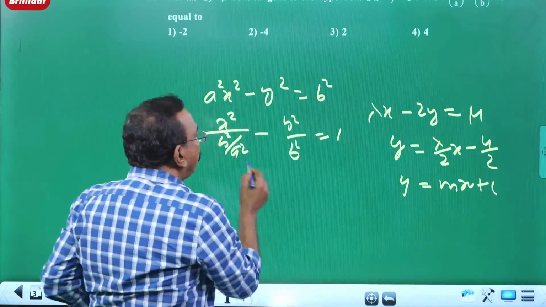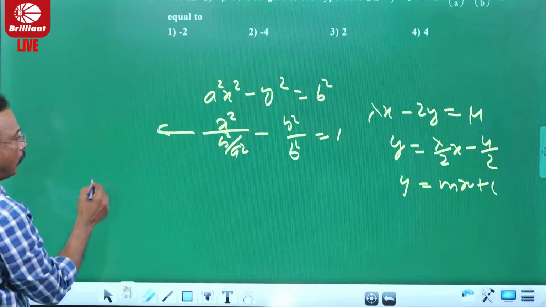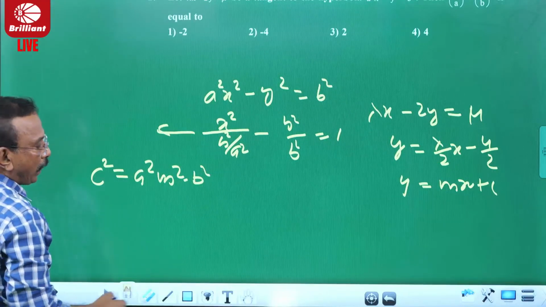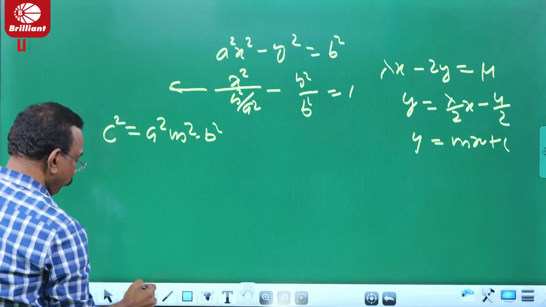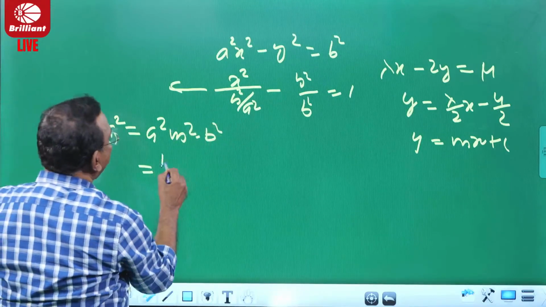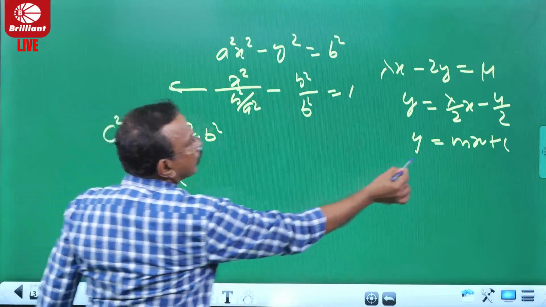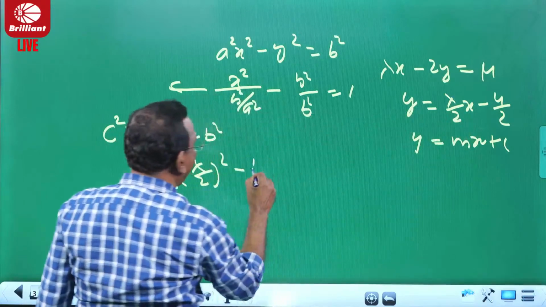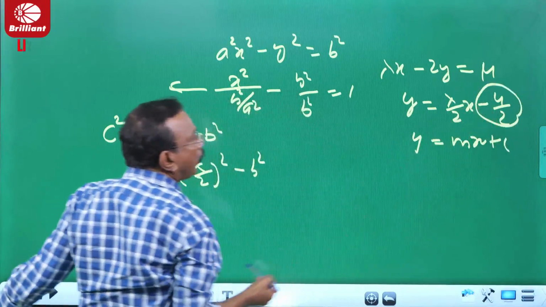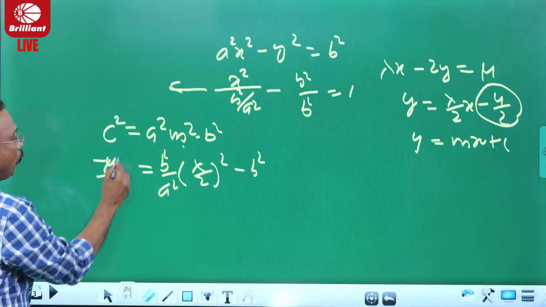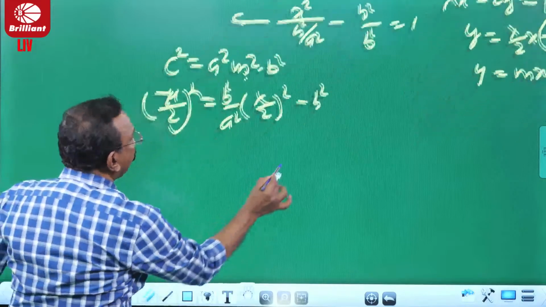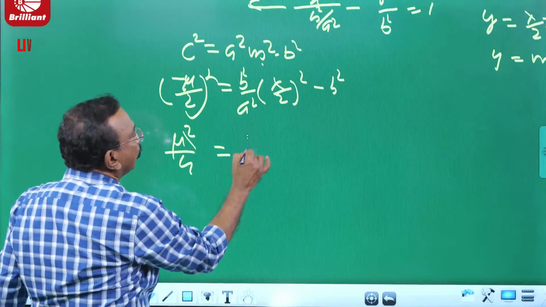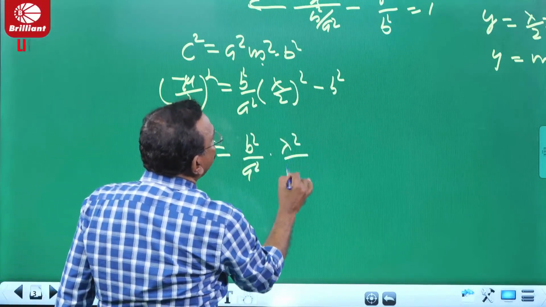This we can convert in the form y is equal to mx plus c. Then you know for the hyperbola, the condition for tangency is c square is equal to a square m square minus b square. So we can replace m with lambda by 2, and c is minus mu by 2. So it is mu by 2 the whole square equal to a square into lambda by 2 the whole square minus b square. By simplifying this, it will give mu square by 4 is equal to a square lambda square by 4 minus b square.